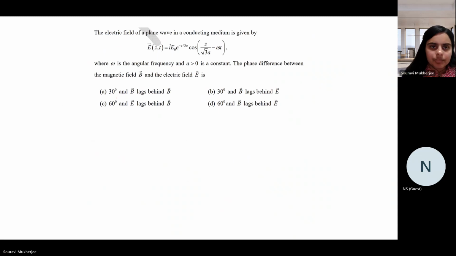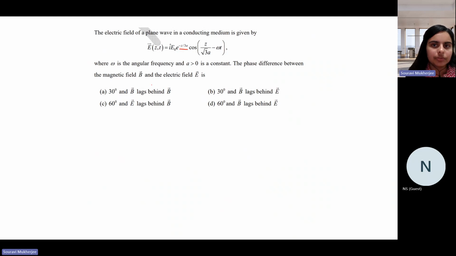Now here you have the electric field of a plane wave in a conducting medium. Because it's conducting, you have this exponentially decaying term here, right? And omega is your angular frequency, A is greater than 0. Now the phase difference between the magnetic field and the electric field: we just saw that in a conducting medium, the magnetic field lags by some phase, right?